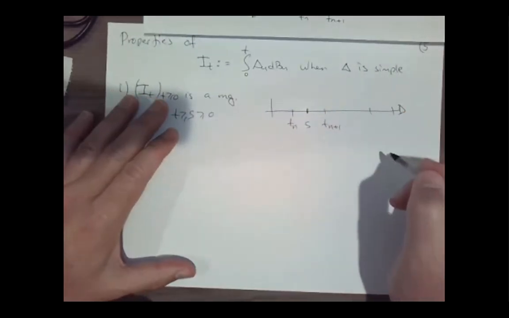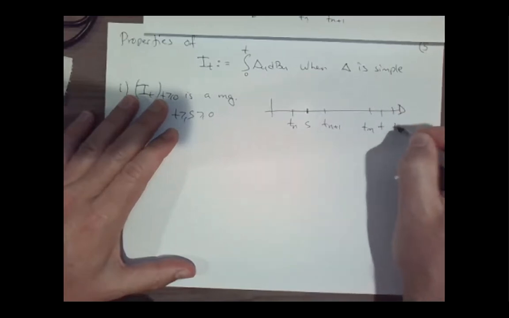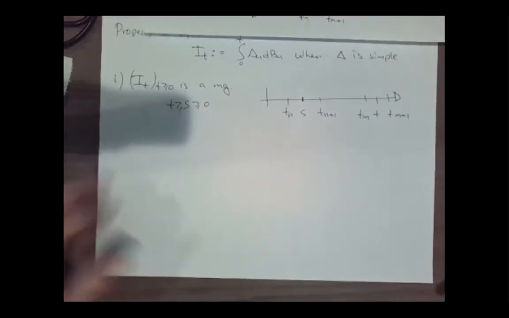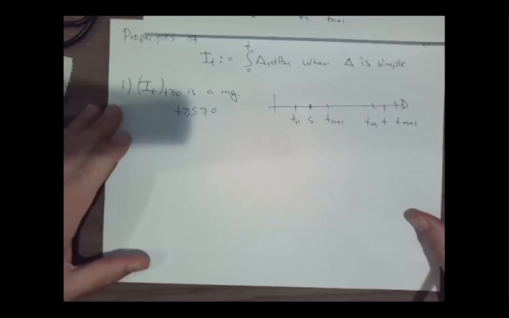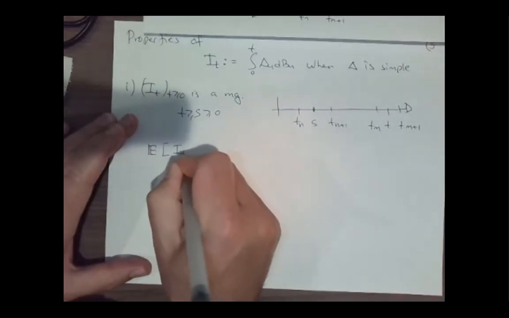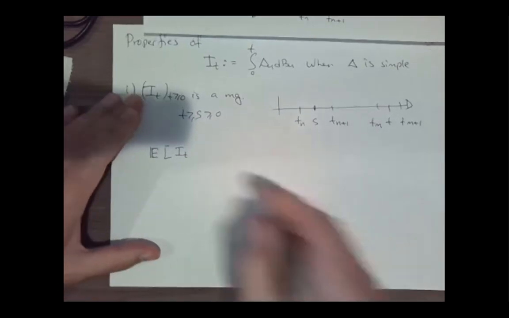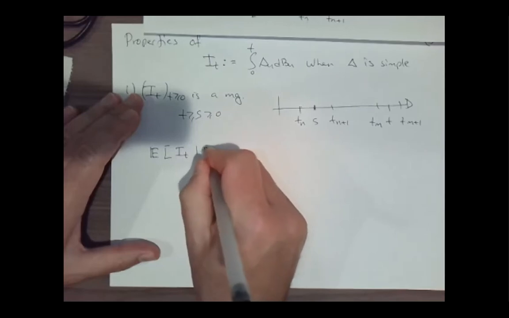Then out here somewhere is where I'll have my t, so I'll have my tm and my tm+1. Say this is how it looks. Then I'm interested in computing the conditional expectation of I(t) given F_s.